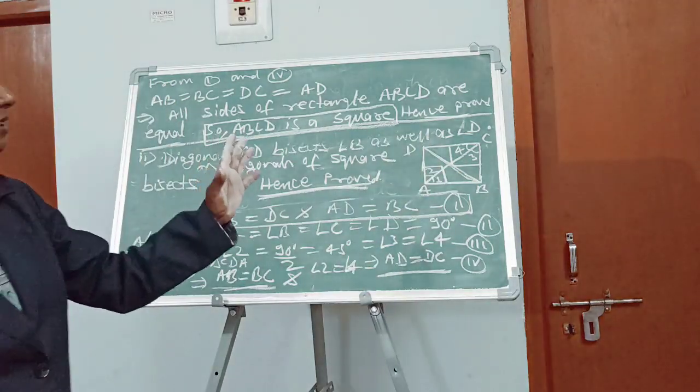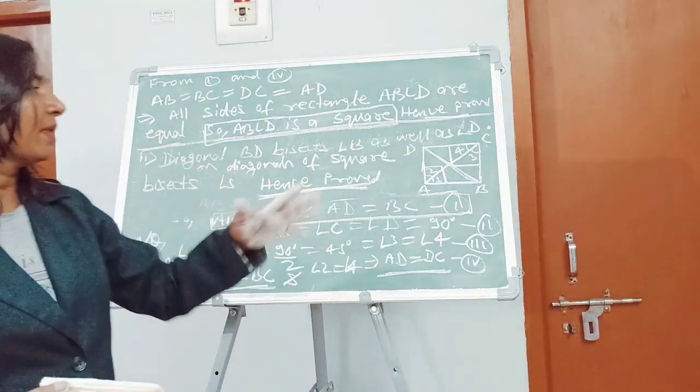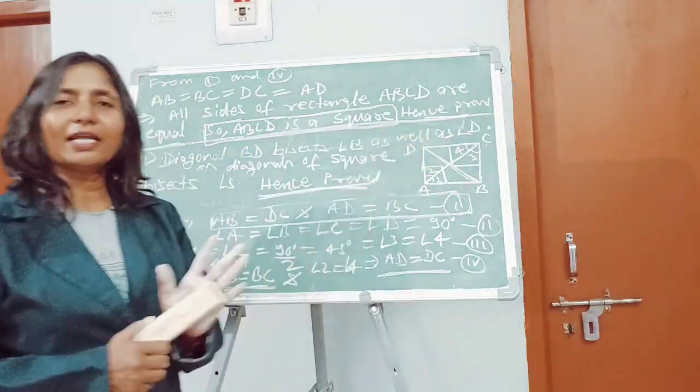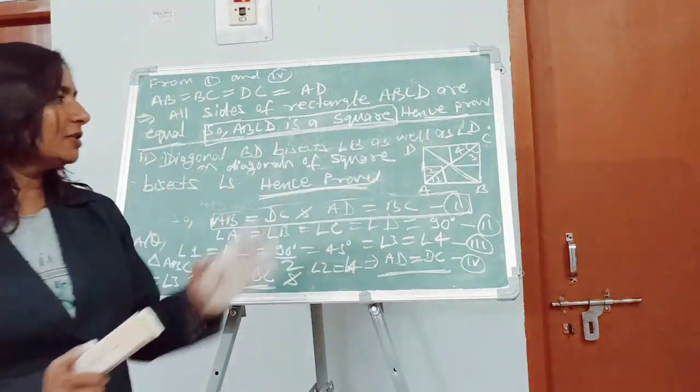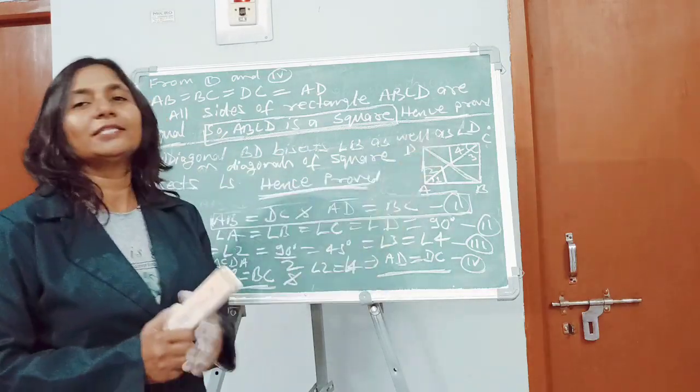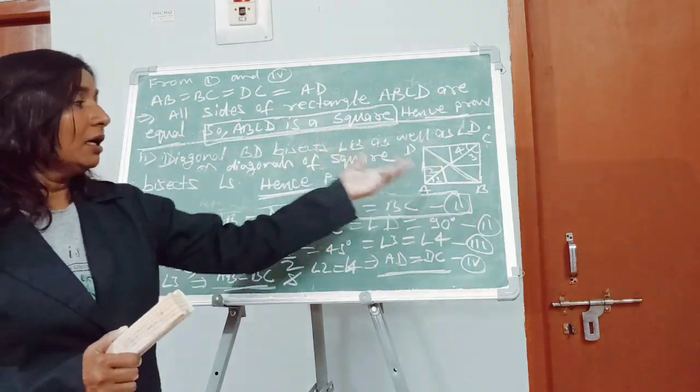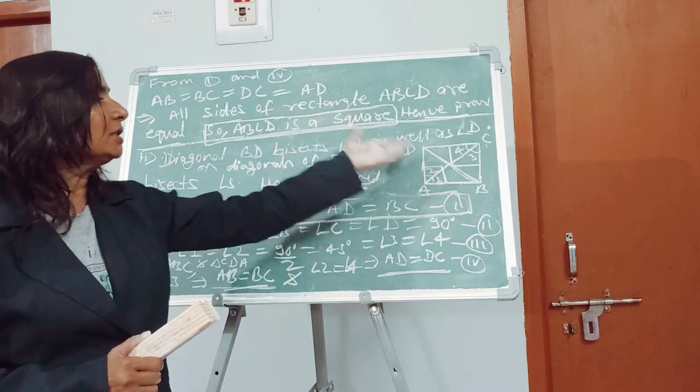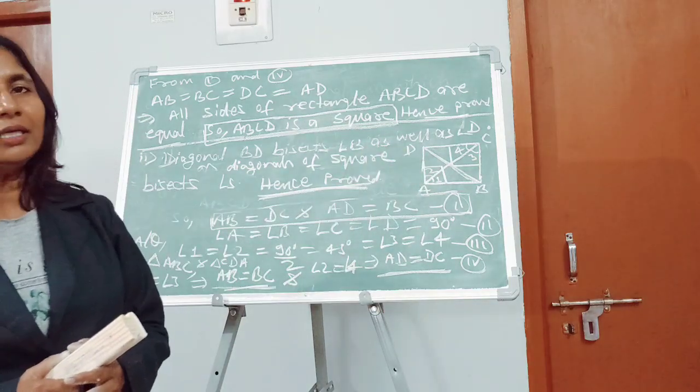So once again let us recap this. If ABCD is a rectangle, you have to prove that this is a square. So only one thing you have to do: prove that all the sides are equal. Here we have done that, so this rectangle is a square.